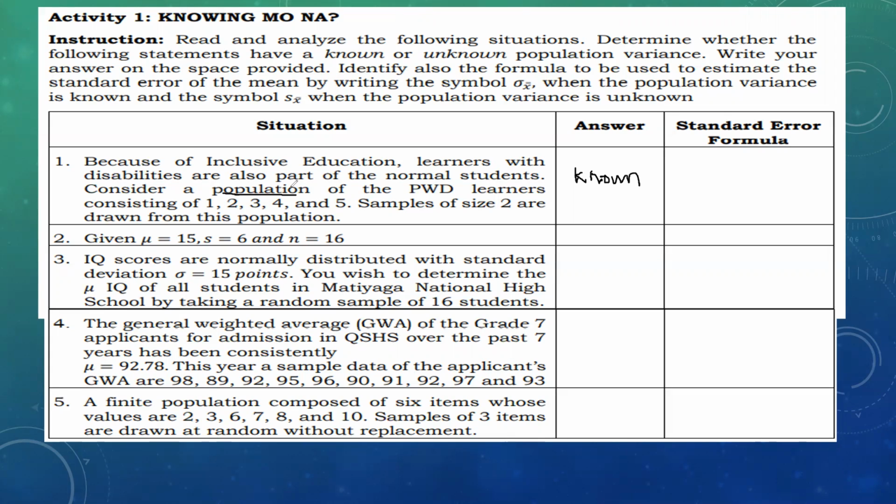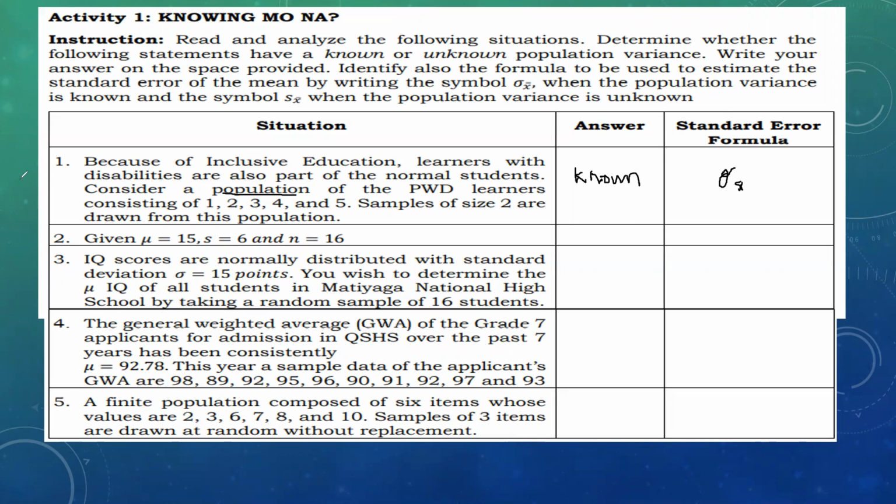Kinuha natin ang mean, i-minus natin ang mean, then in-square natin yung pinag-minus, then divide natin by our n. That will be our variance. So this is known. Ibig sabihin, our formula for standard error will be sigma of x mean.